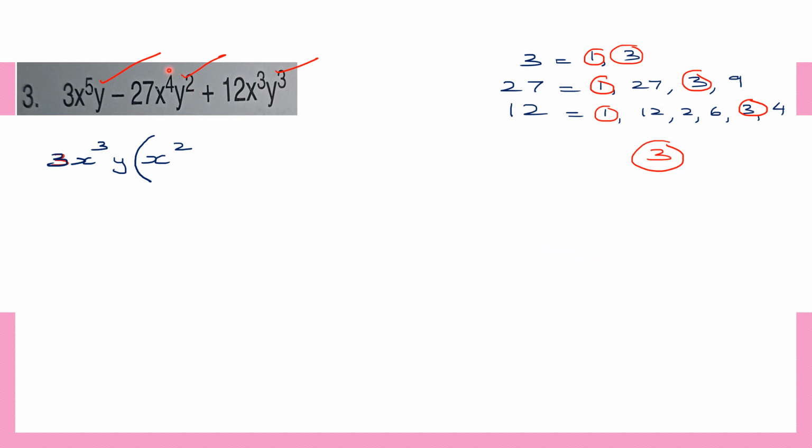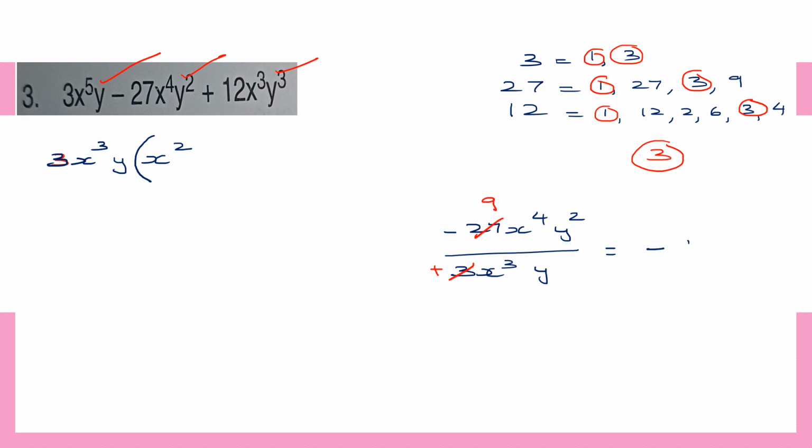Now I can take the second term, that is minus 27 x to the power of 4 y square. So let's take that minus 27 x to the power of 4 y square and divide this by the common term, which is 3 x to the power of 3 y. Now here this is a plus sign. So minus into plus is minus. And now I can cancel 3 and 27. 3 nines are 27.